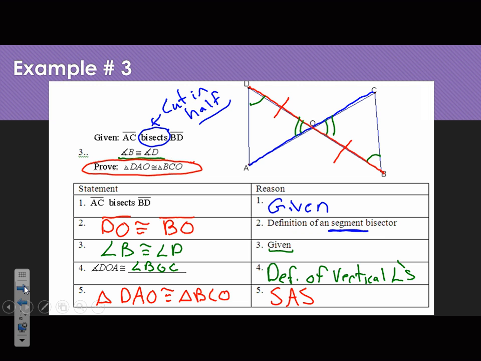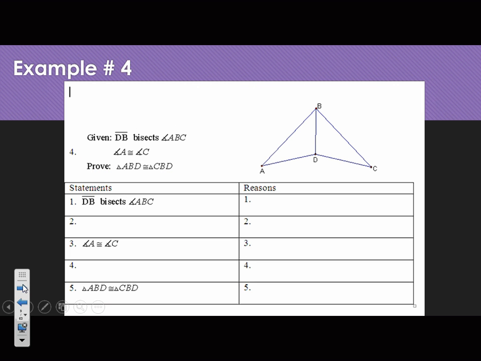All right, off to our last example for day 1 of proofs. First thing they say is segment DB bisects angle ABC. So once again we have bisect, so we're going to cut in half. And that's given to us.